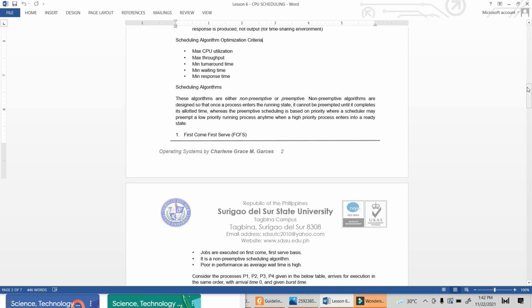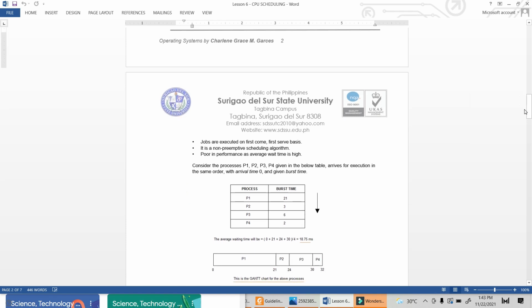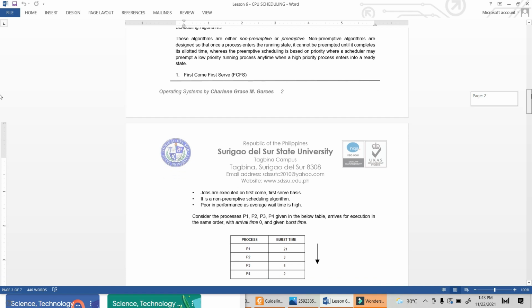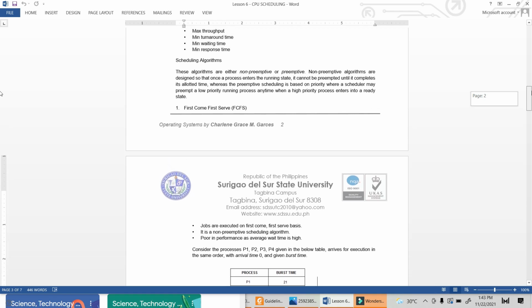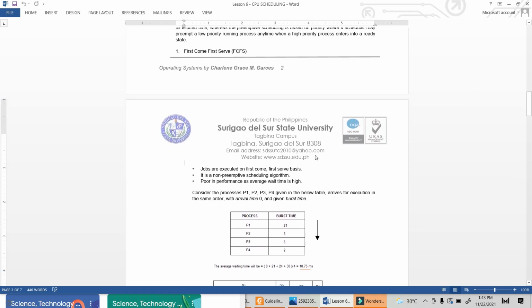So the example is here. This is the example. So again, when we talk about first come first serve type of algorithm, the jobs are executed on a first come first serve basis.